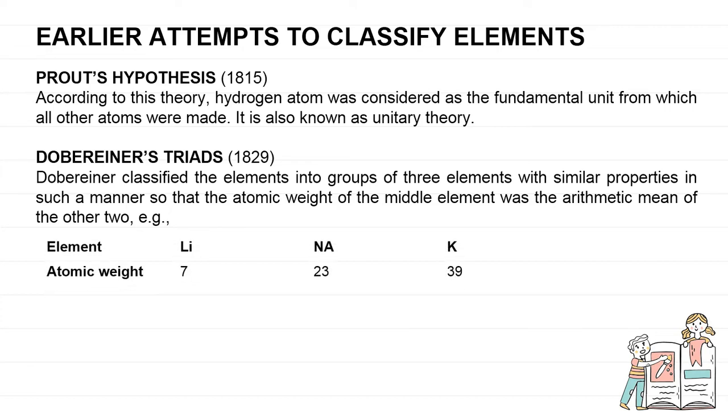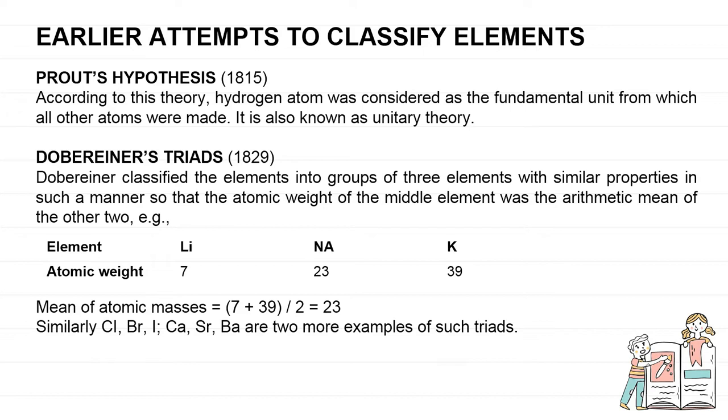For example, lithium, sodium and potassium form a triad, with atomic weights lithium 7, sodium 23 and potassium 39. If we take the arithmetic mean of lithium and potassium, we get the atomic weight of sodium, that is 23. Similarly, we have chlorine, bromine and iodine, and calcium, strontium and barium. These are more examples of Döbereiner's triads.